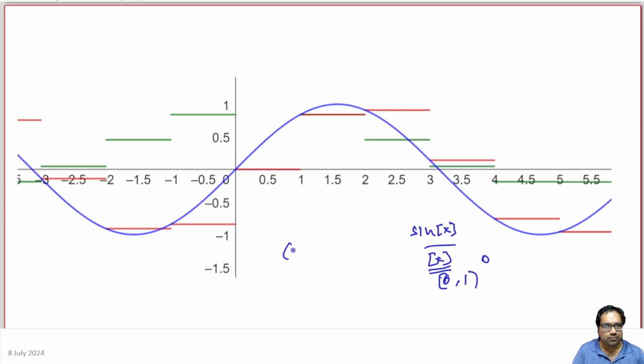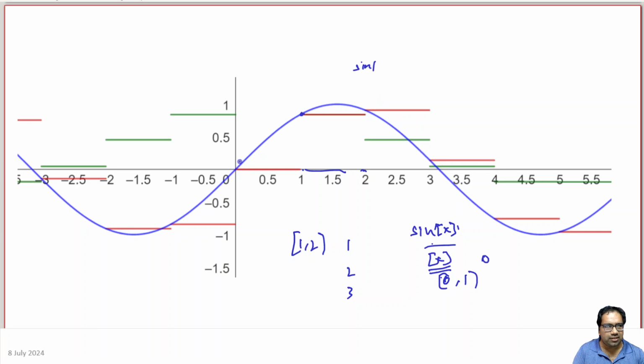Between 1 to 2 it is 1. Otherwise 2, 3, 4 likewise. Now, sine of the greatest integer function of x. We are talking about between 1 to 2. This means sine 1.